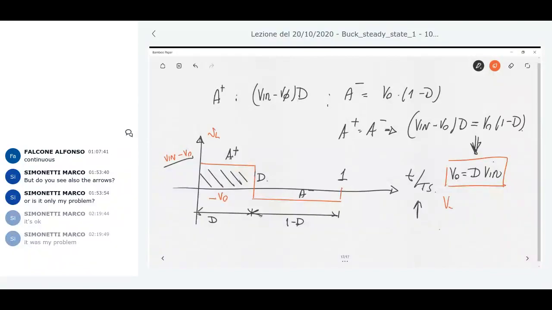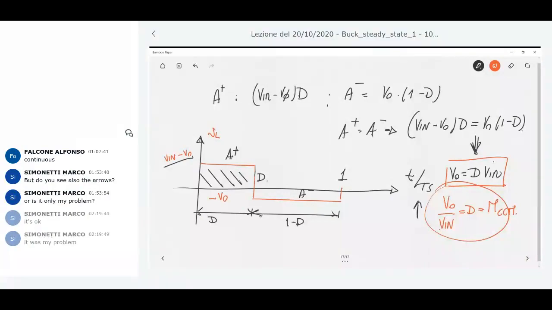V naught over Vin, which is D, is called the conversion ratio. This is one of the most important parameters of the converter. So the conversion ratio of the buck is equal to the duty cycle for CCM operation. Maybe it's better to put here the conversion ratio for the continuous conduction mode, because we are just analyzing what happens when the inductor current never reaches zero during Ts.